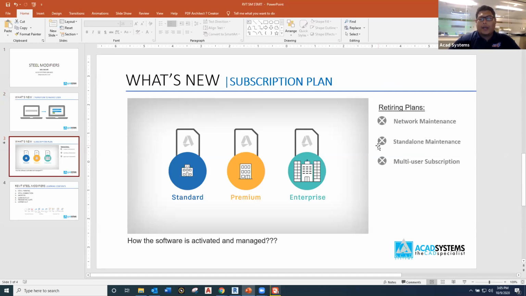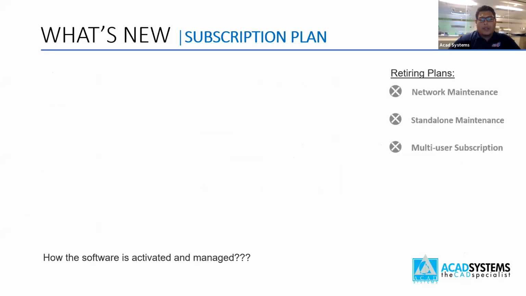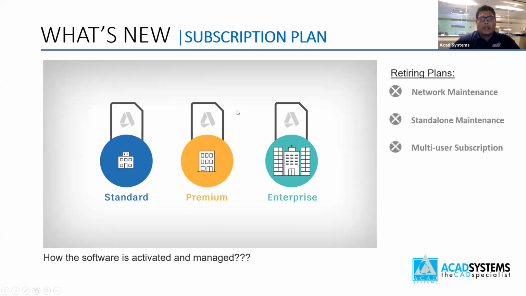What is retiring is the network maintenance, standalone maintenance, multi-user, and multi-user subscriptions. This plan is designed for named users, a person who has been assigned to a product or any Autodesk cloud service by the administrator. It could be your IT, your purchaser, your project manager, and so on.